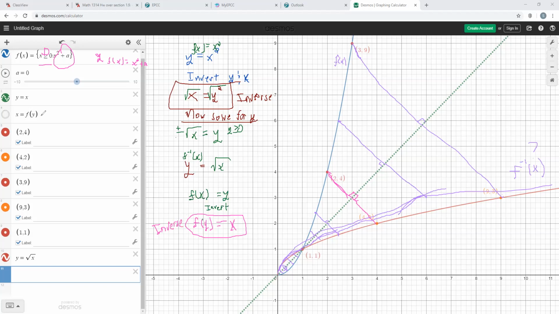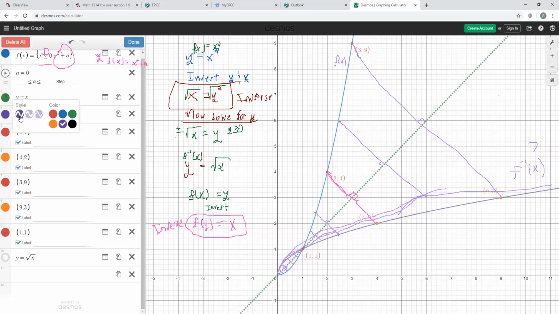And so if we ask Desmos, if you type x equals f of y, it'll graph this inverse as well. And I'm going to erase this one, or just turn it off, and turn this one on. And there you see, it's just a different color.